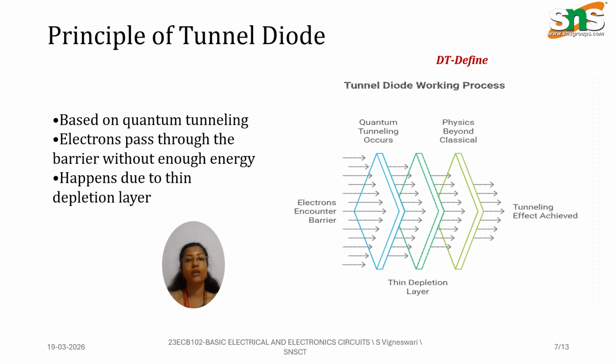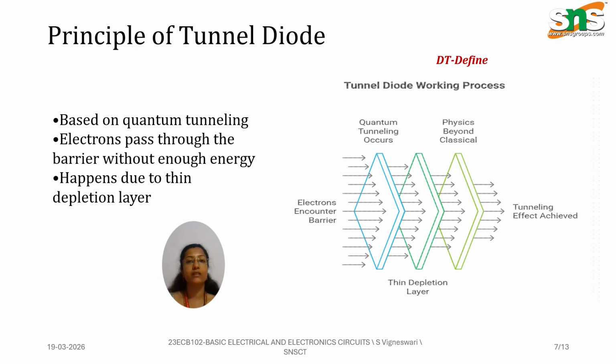Working principle. Now let's understand the working principle of a tunnel diode. A tunnel diode works based on quantum tunneling. In classical physics, electrons need enough energy to cross a barrier. But in quantum mechanics, electrons have a probability of passing through the barrier even if they don't have sufficient energy.